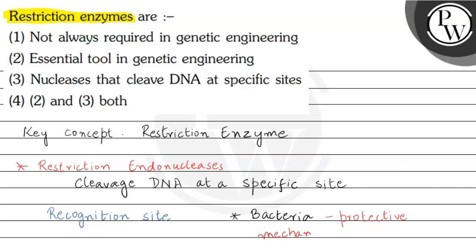So the restriction endonucleases present in bacteria are specific for the viral DNA. They recognize the viral DNA and they cleave the DNA into two fragments, resulting in making the viral gene non-functional. And therefore, the bacteriophage cannot cause an infection in the bacteria. So it provides a protective mechanism in bacteria.